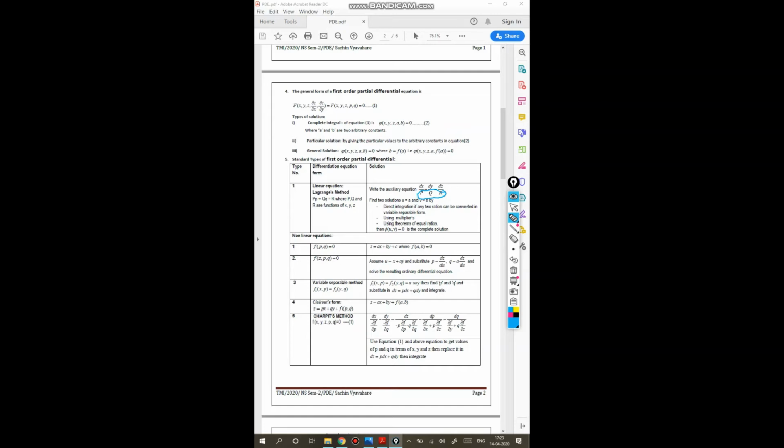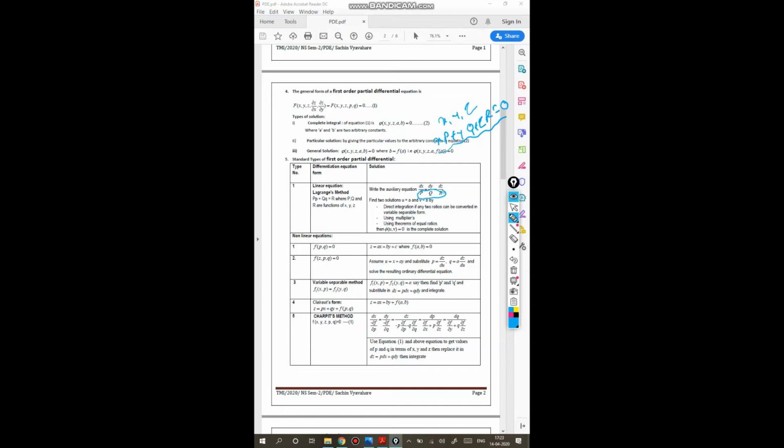For example, suppose my multipliers are x, y, z. Then xP plus yQ plus zR should be 0. What I'm saying is that the selection of multiplier should be such that the sum of the denominators after multiplication should be 0.